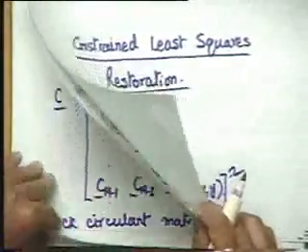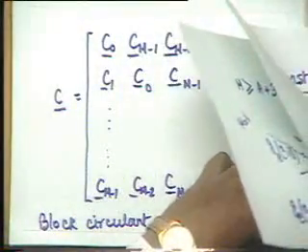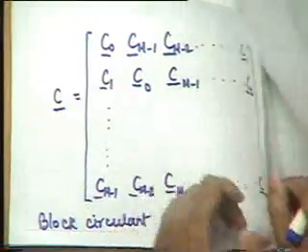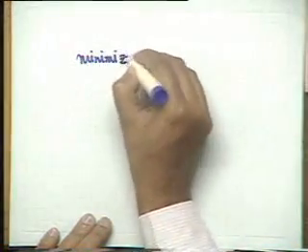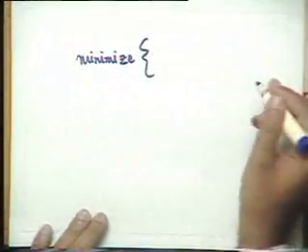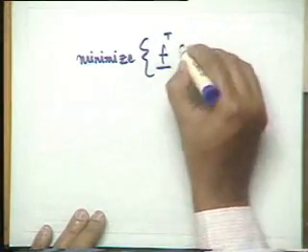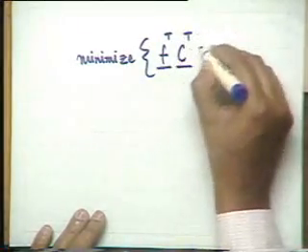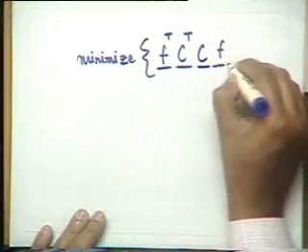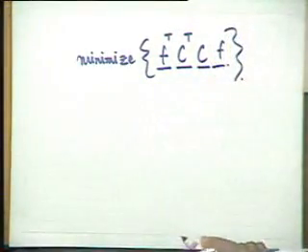Writing the square term, by very simple matrix deductions, our ultimate objective is to minimize the square of the second derivative term, which can be written as f transpose C transpose C f.